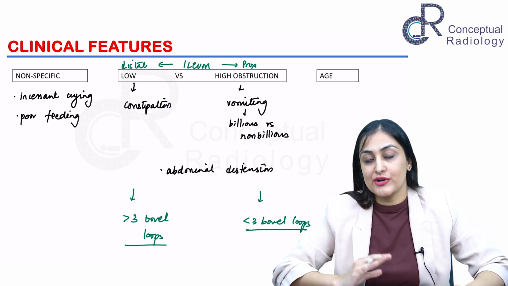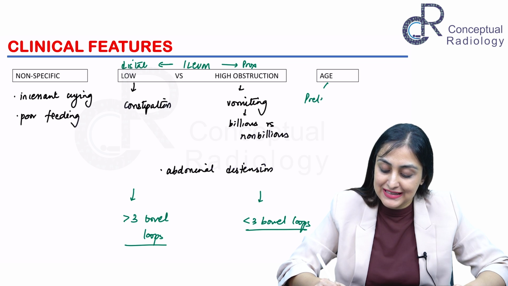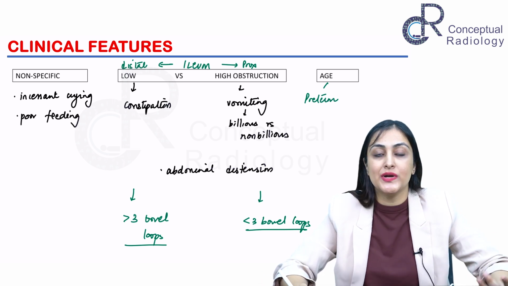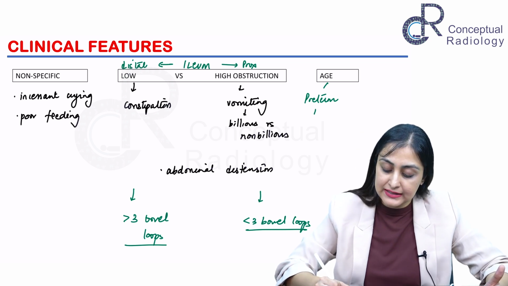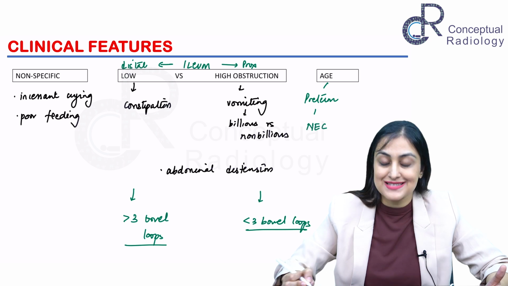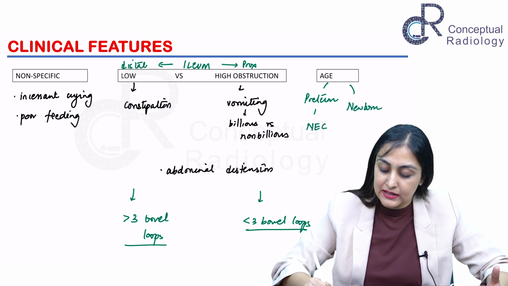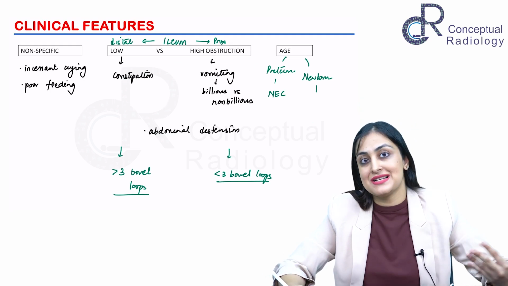Also considering differentials on the basis of age. So if you have a preterm baby, particularly if they give you history like low birth weight, if they tell you that the baby is formula fed, you start thinking on the lines of necrotizing enterocolitis. If it's a newborn, right, then if the symptoms are obstructive, you start considering conditions like atresia.